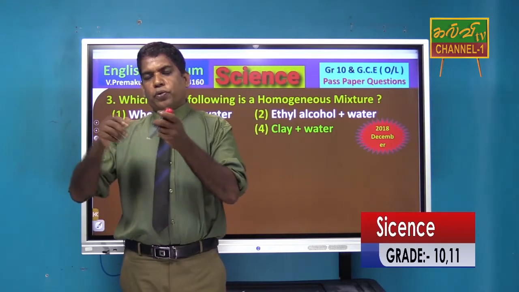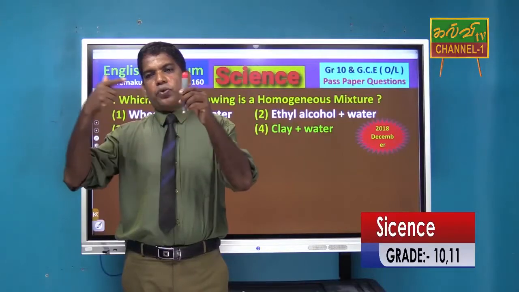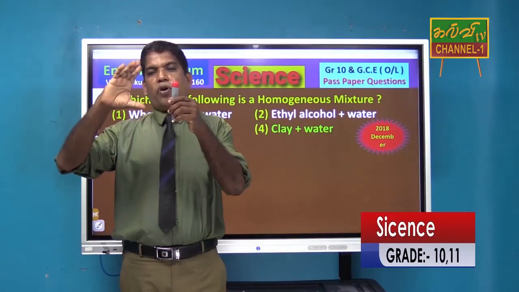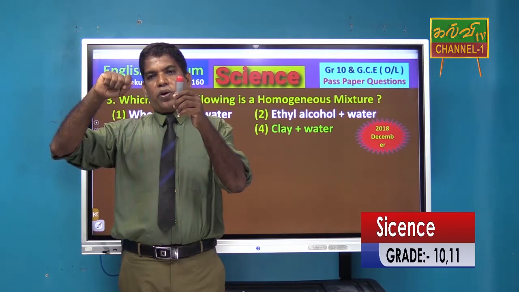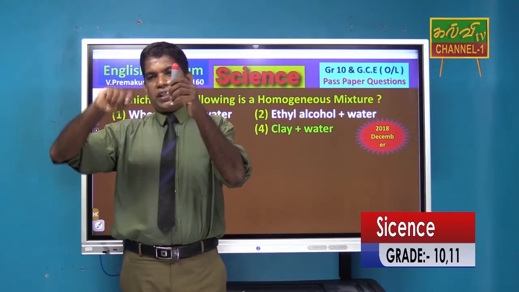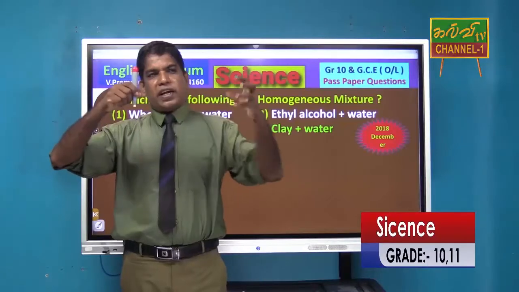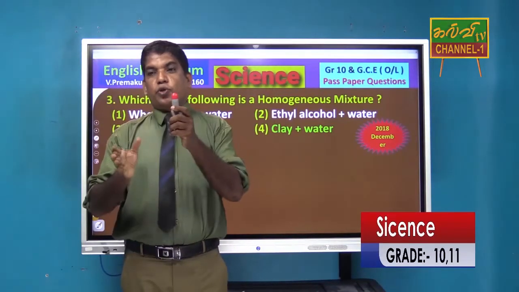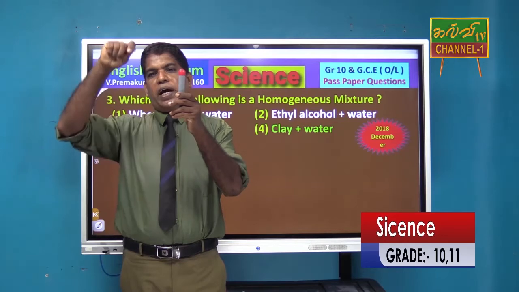So when you send a torchlight through a glass of water containing clay, and adjust the height, you can find the concentration of light is different everywhere. But if it is the sugar solution, it is the same everywhere.